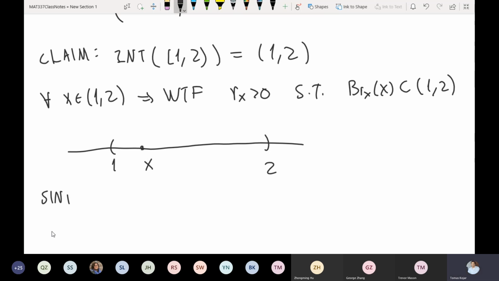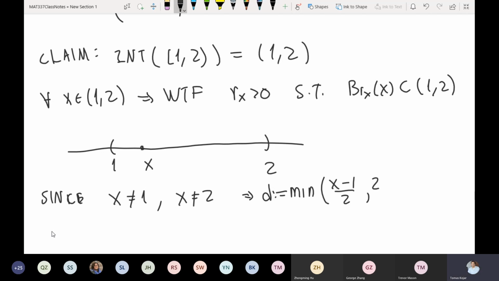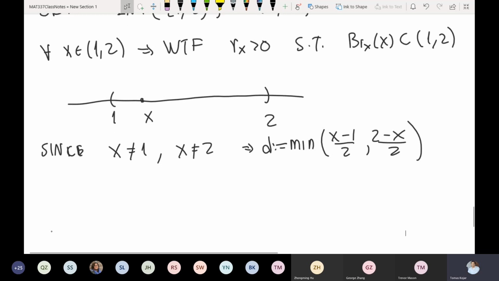Now, since x is not 1 and x is not 2, let d be the following distance: the minimum of (x minus 1) over 2 and (2 minus x) over 2.